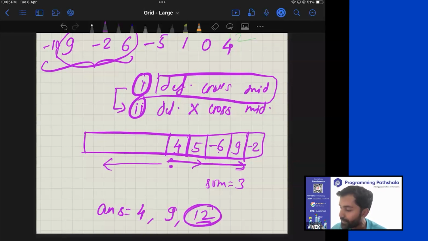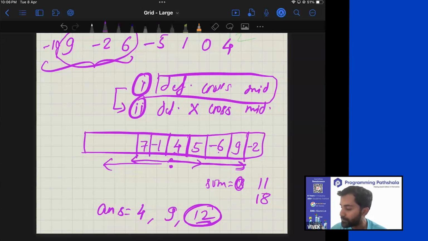So let's say currently your answer is 12. Now let's say you had a value over here, -1, right? You would say that, hey, 12 minus 1 is 11. So I would not update. But the sum is 11, given that you just got this element over here. And now after that, let's say you had 7. So now it becomes 18. The moment it becomes 18, you would be like, okay, let's include it.